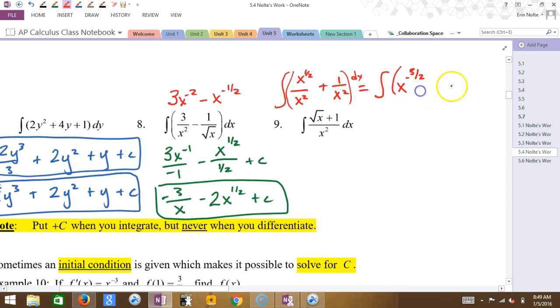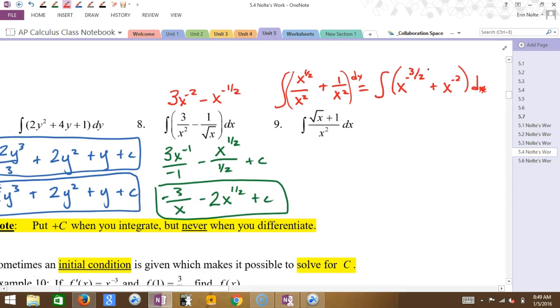And then how would I rewrite 1 over x squared? x to the negative 2, good, dx. Okay, so now, does that look like a 5 to you guys? Sorry, let me rewrite that. Kind of look like a 5 from far away. There we go.